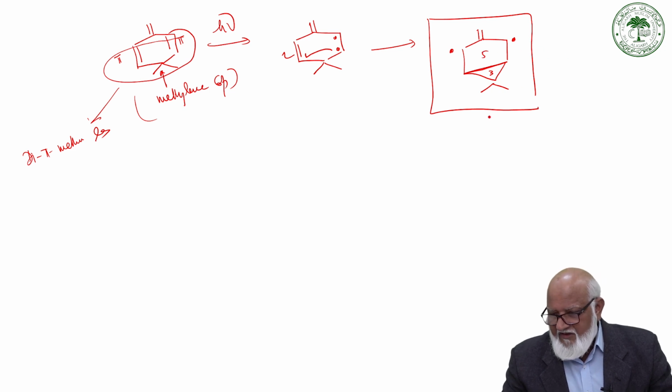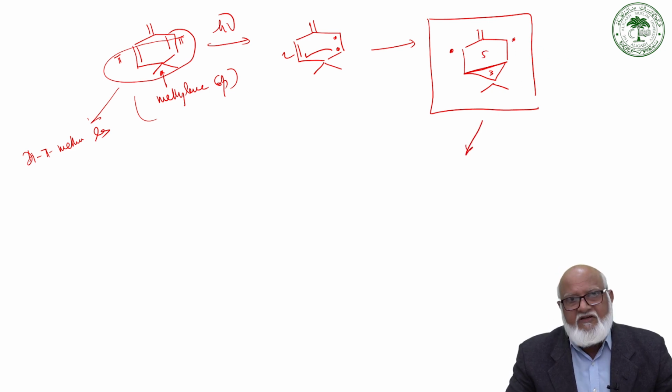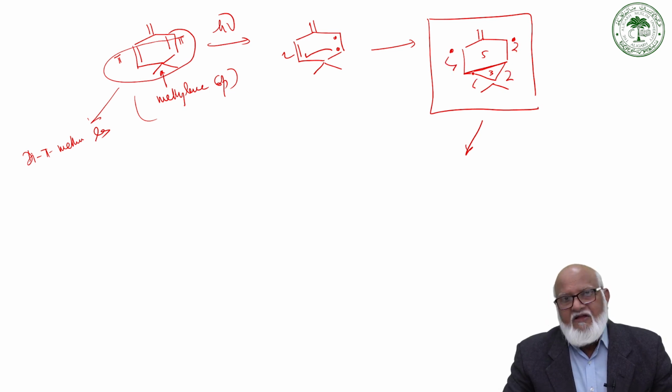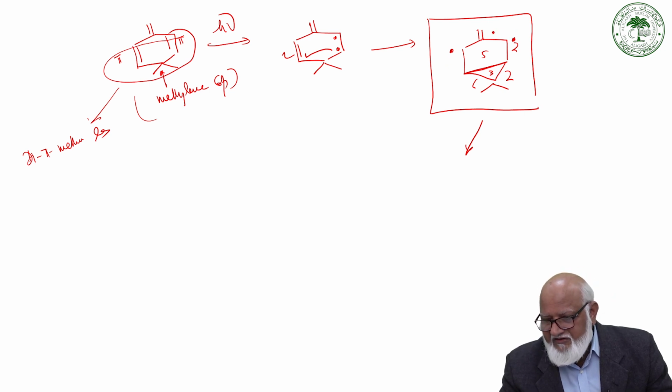Now this will lead to the product. So here, either we make a double bond here and cleave this, or make a double bond here and cleave this. The product which we get is the same. So let us cleave one of these, because as far as the stability of this diradical is concerned, it is stabilized on this side as well as this.